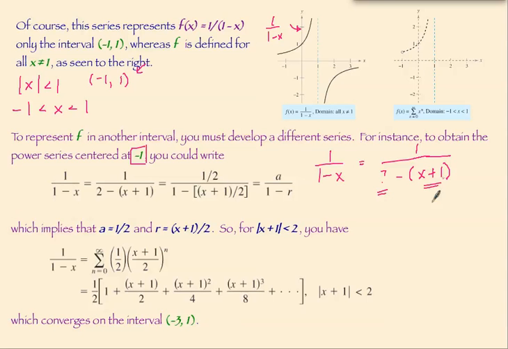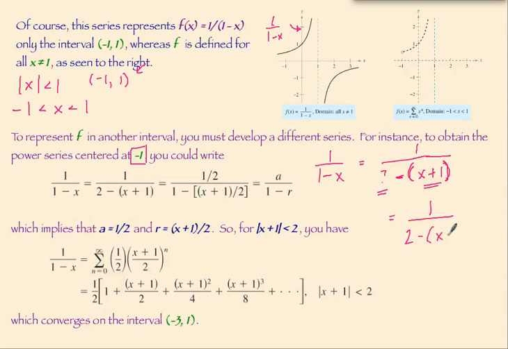Now you could actually set up an algebraic equation if you wanted to, but remember, this has to equal 1 minus x. So you can probably figure out that if I have minus the quantity x plus 1, since I'm now centered at -1, this little fellow right here is going to have to be a 2.